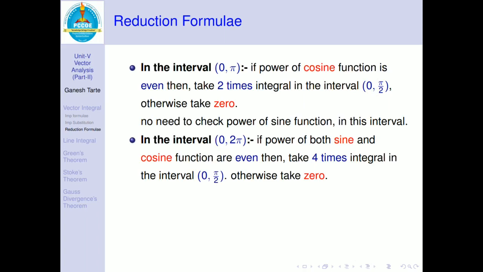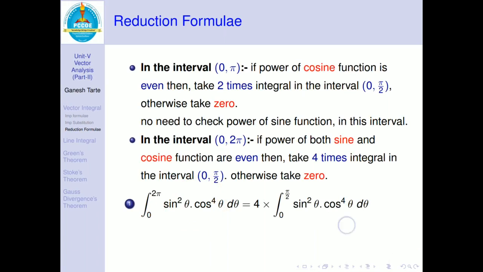For example, evaluate this integral from 0 to 2 pi of sine square theta into cos raised to 4 theta d theta. Firstly, here the interval is 0 to 2 pi, meaning we cannot apply the direct reduction formula over here. So we first check the powers. The powers of sine and cosine are even here, and therefore we can write 4 times the integral from 0 to pi by 2 of sine square theta cos raised to 4 theta d theta.